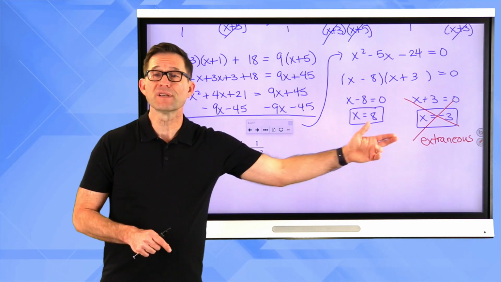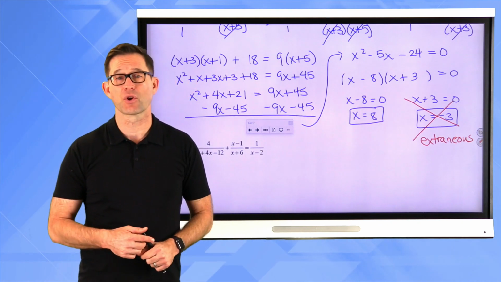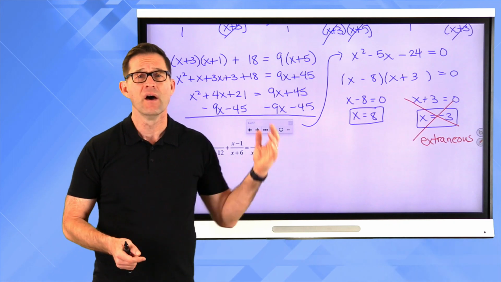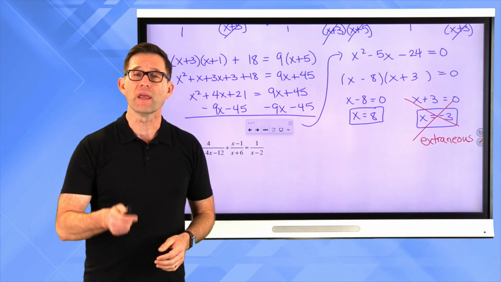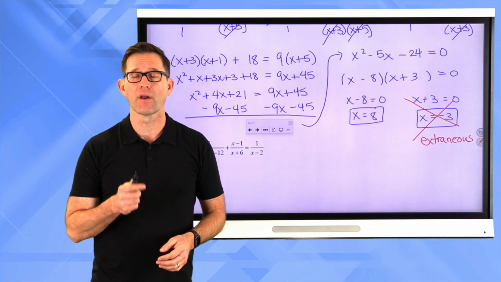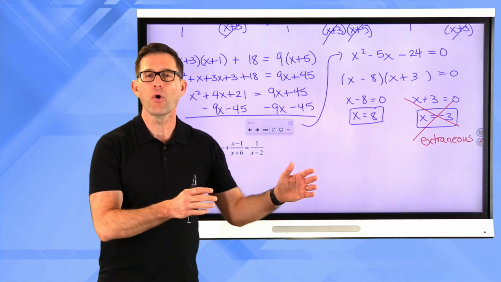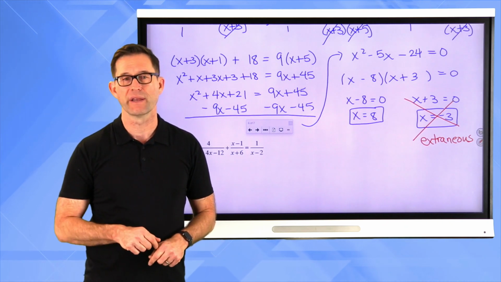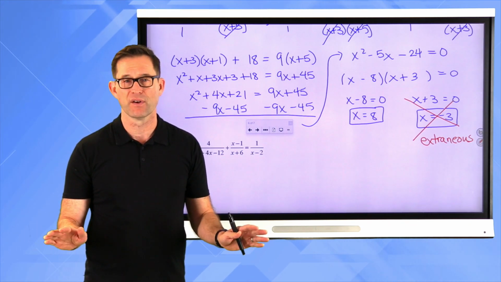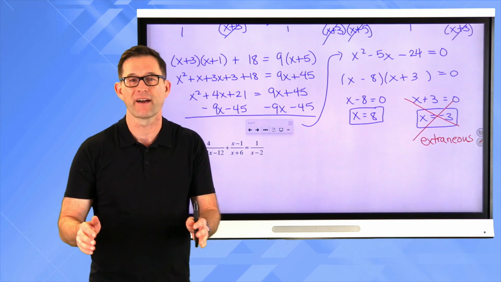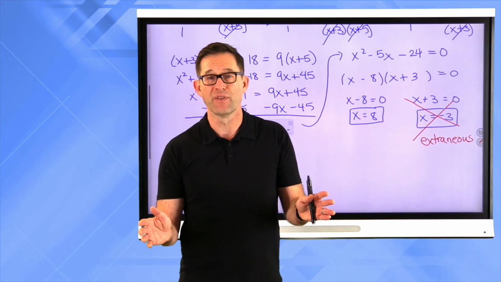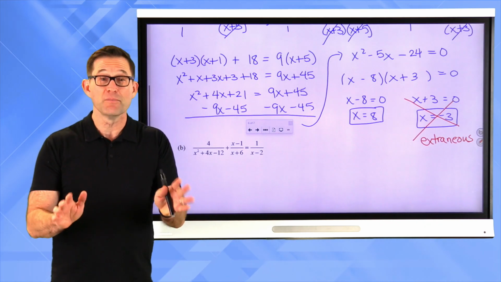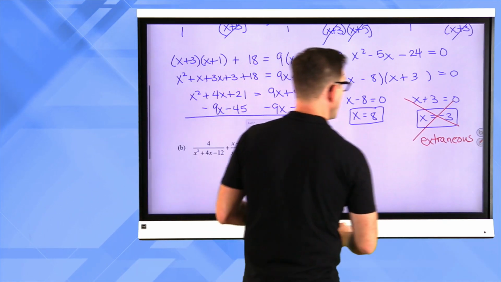It will produce a solution that seems like it's correct, but all you'll have to do is glance at the equation and say, oh, I got these two answers. Do either one of them make any of the denominators equal to 0? And if you go back and look at all the problems that we did at the beginning before we even mentioned extraneous solutions, none of those made the denominators equal to 0, which is why I kind of just sidestepped the issue. Okay, I probably shouldn't do that again on video. But just keep that in mind, okay?